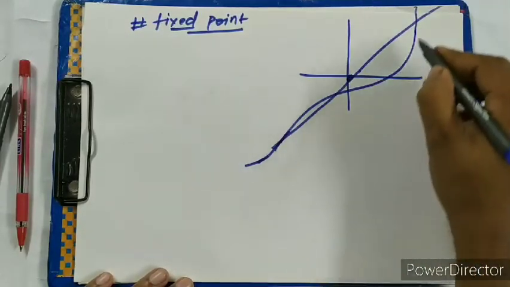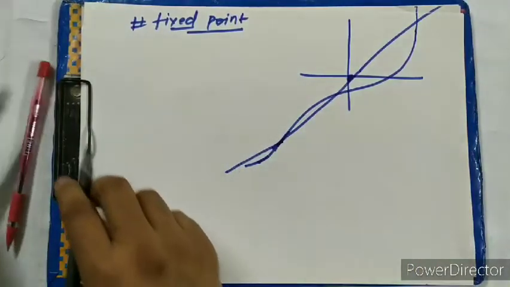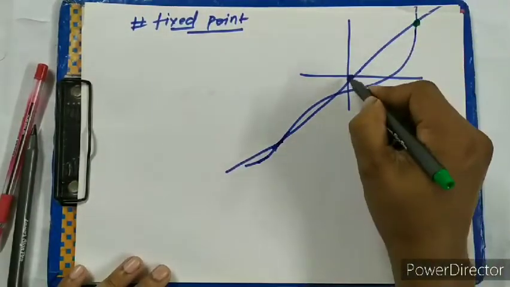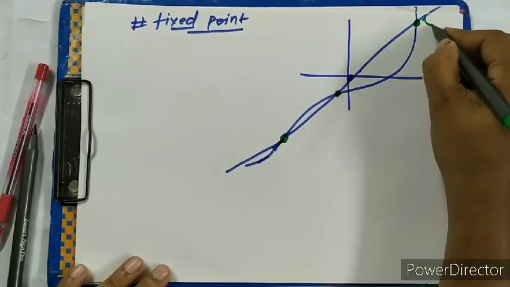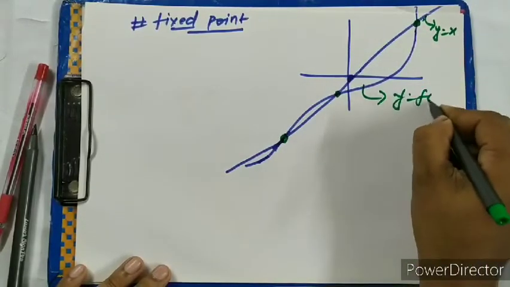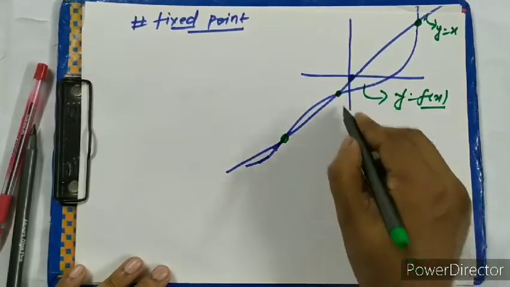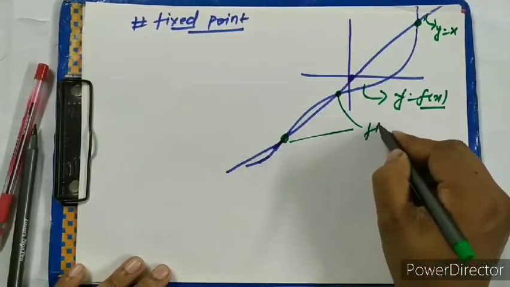This is the fixed point of the curve. This is the function y = x, and this is y = f(x). So these are the fixed points, and this also.